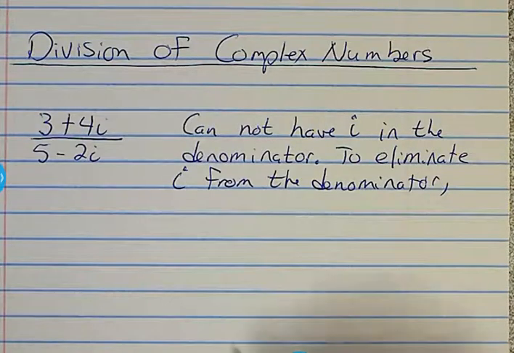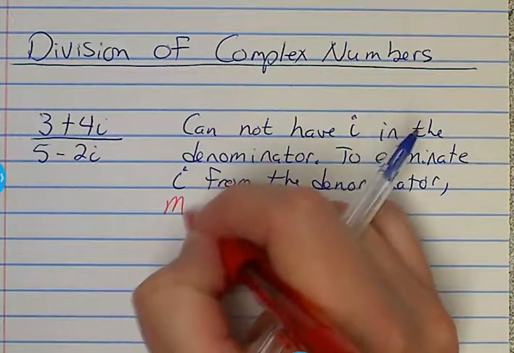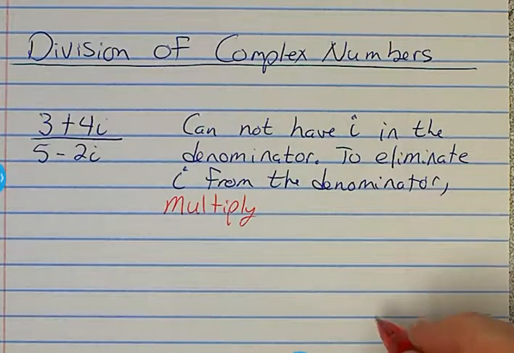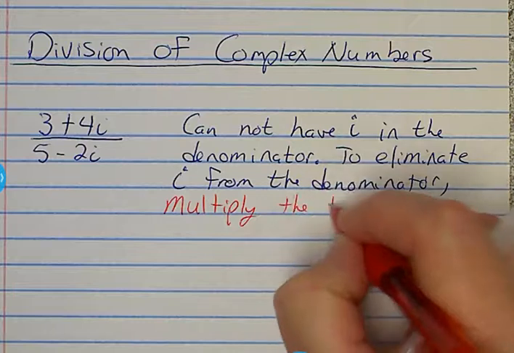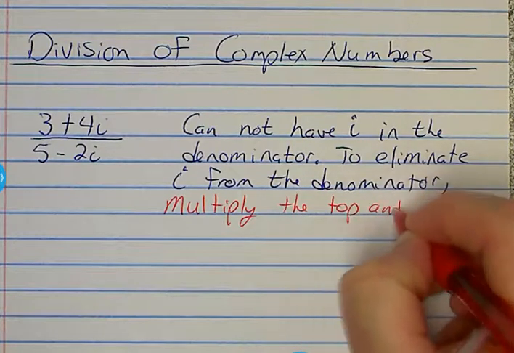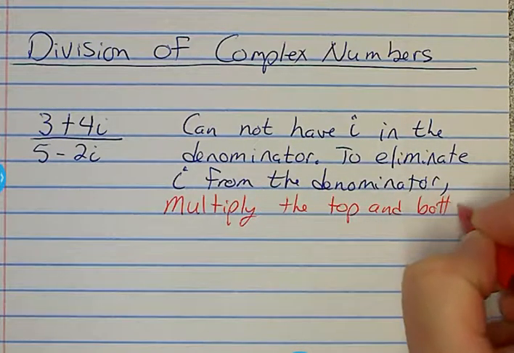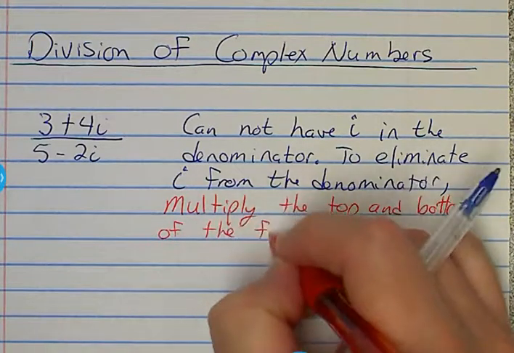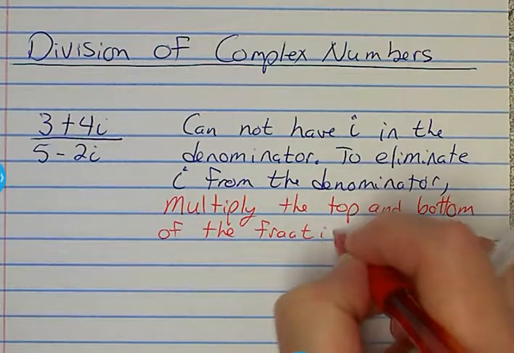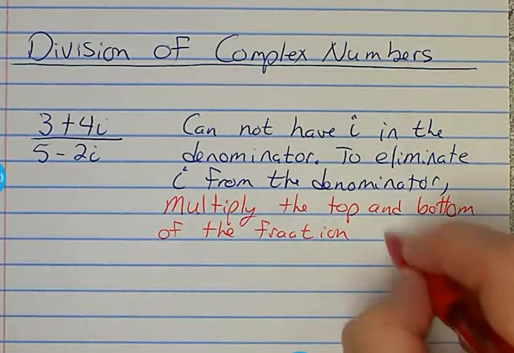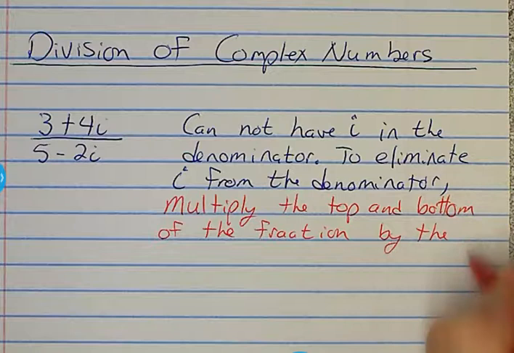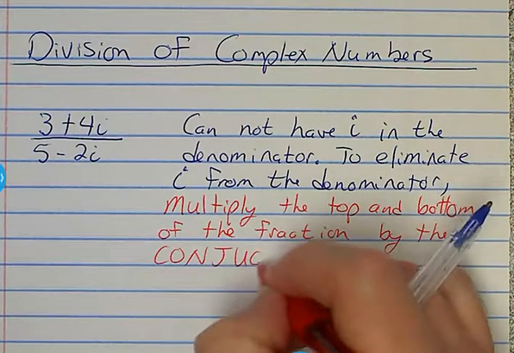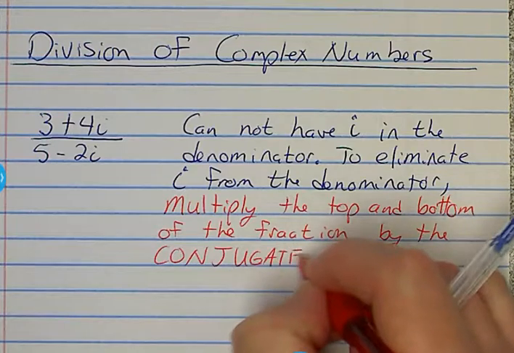You're going to multiply the top and bottom of the fraction by the, I think we've talked about this before, the conjugate of the denominator.